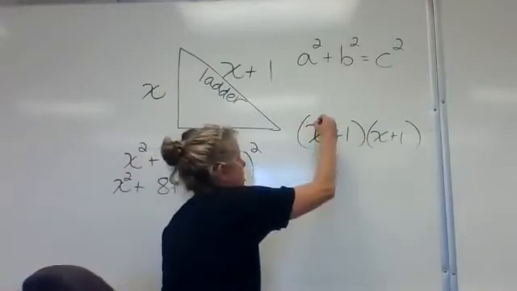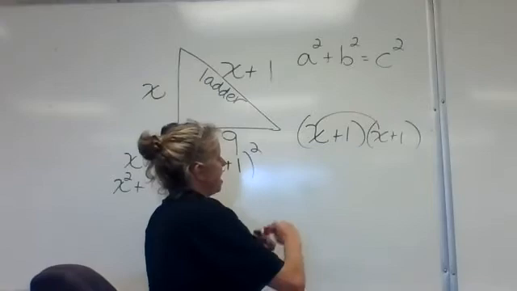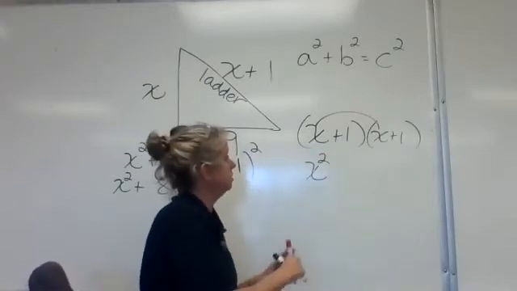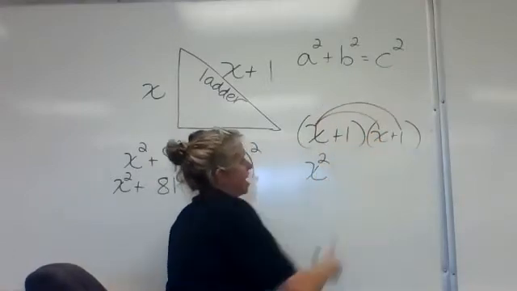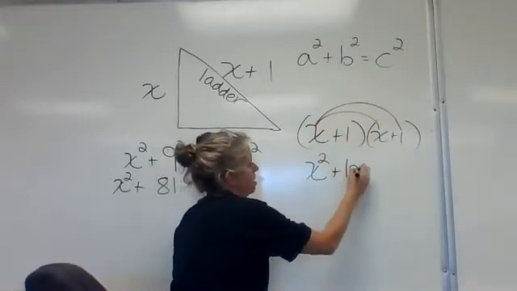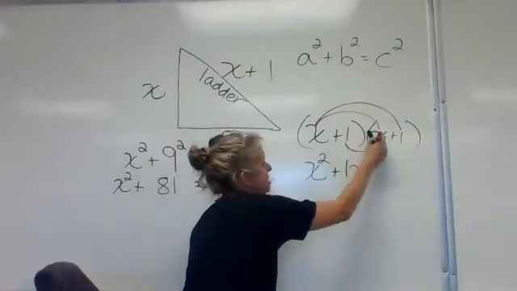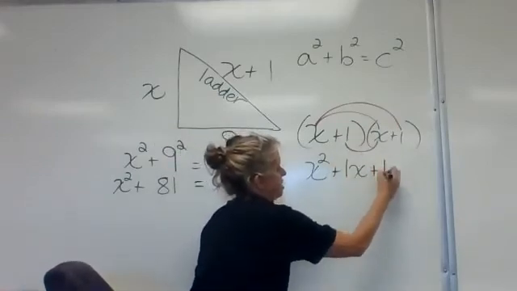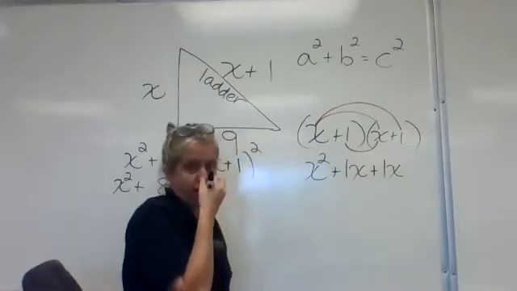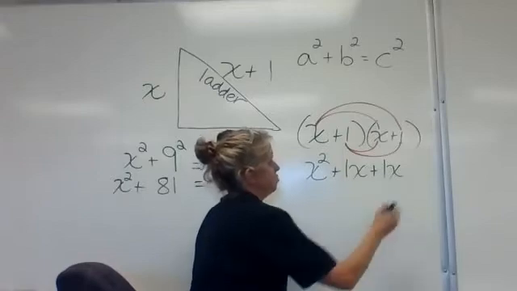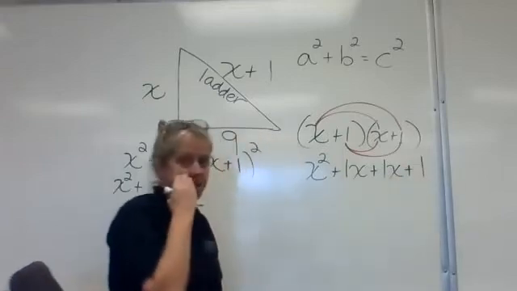So if I FOIL here, X times X gives me X squared. My outside, X times positive 1 is 1X. My inside, positive 1 times X is another positive 1X. And then my last, 1 times 1 is 1.